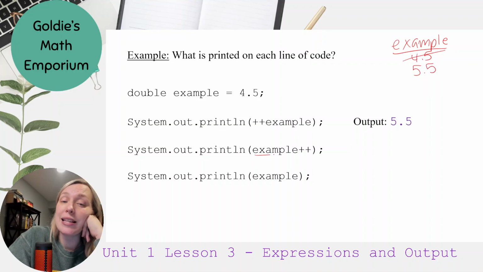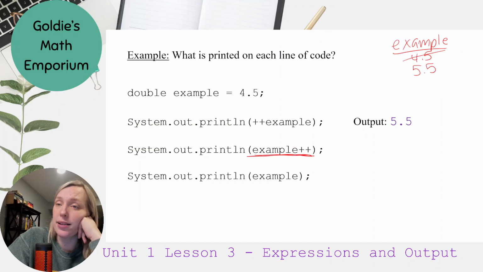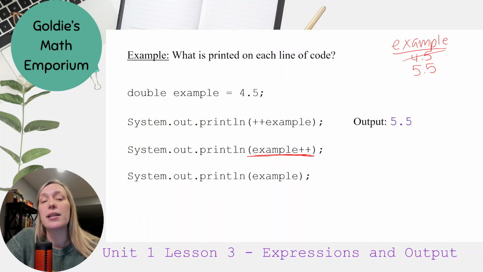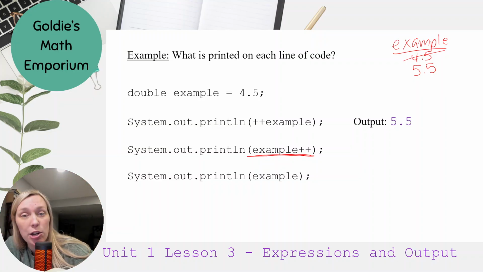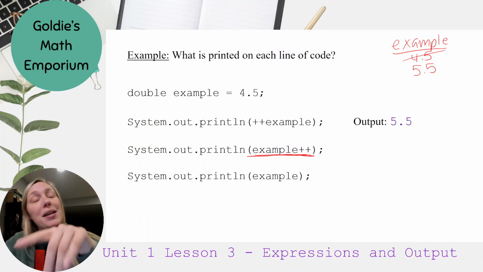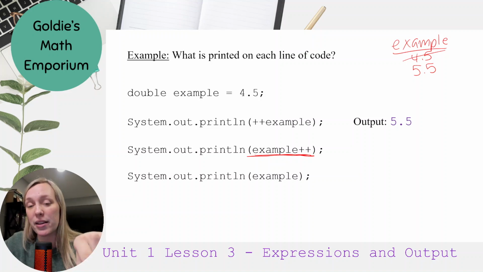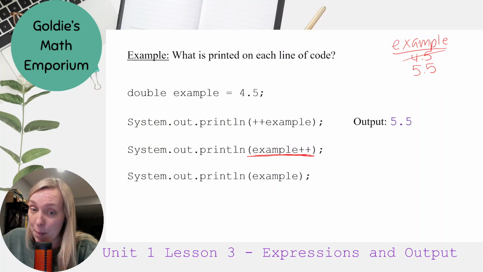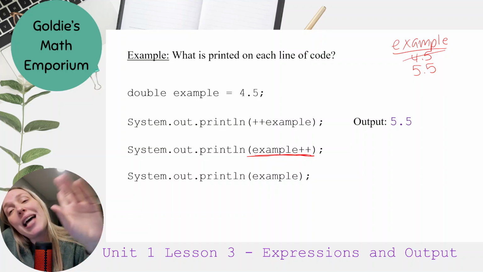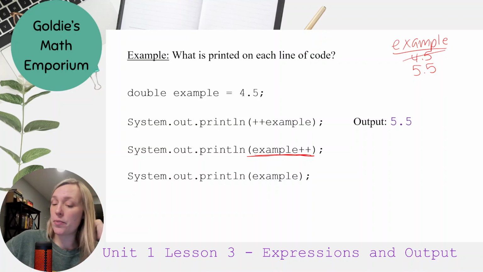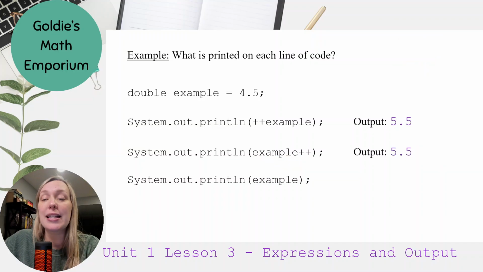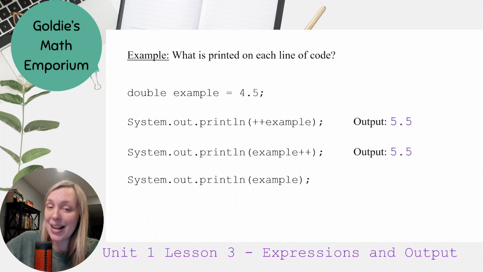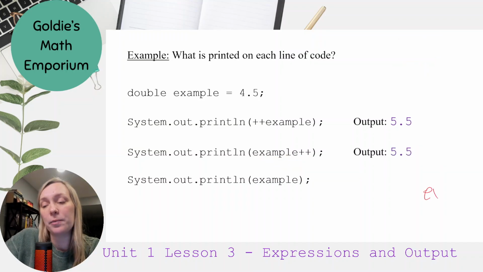Now when we get to this line, example++, because it's a post-increment, what a post-increment does inside of a method like this is say, display what's currently in example, and after you do that, add 1 to it. So what'll get printed off on this line is actually 5.5, and then example will have 1 added to it.